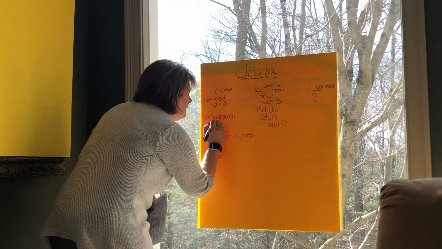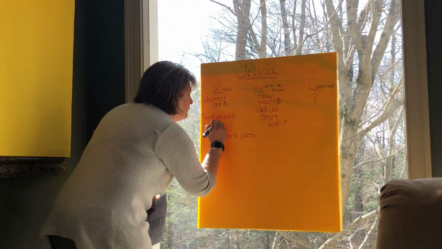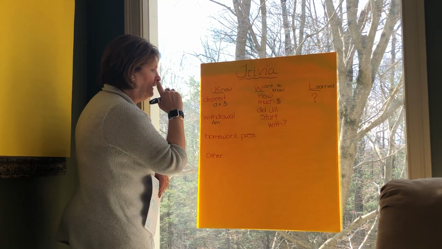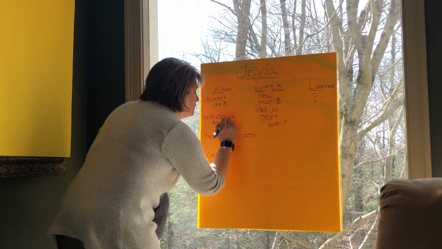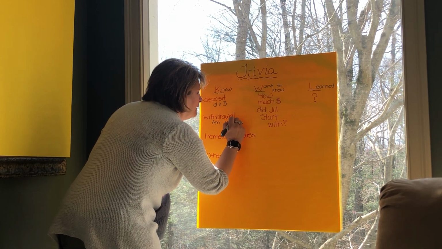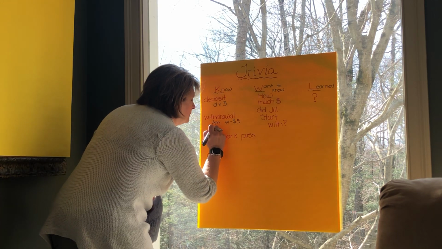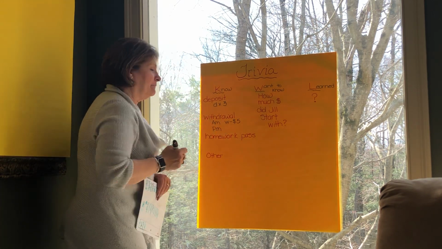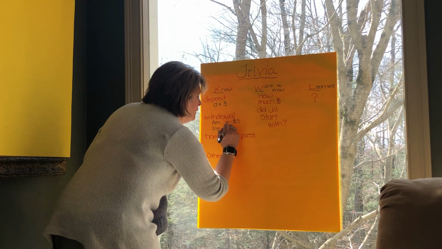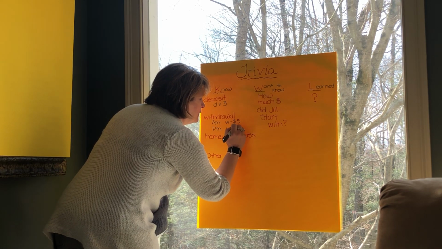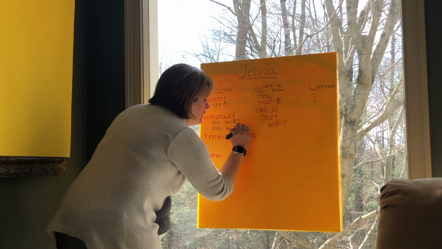So here we have in the AM, if you make a withdrawal, he's going to take away $5. And if you do it at lunchtime or after, he's going to take your withdrawal and charge you $10.